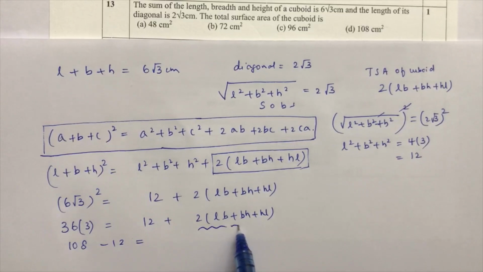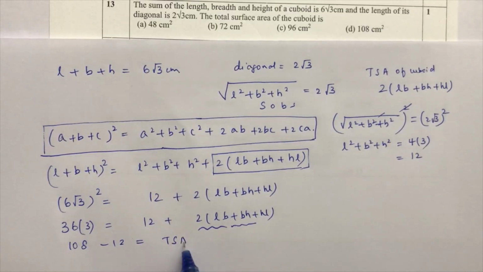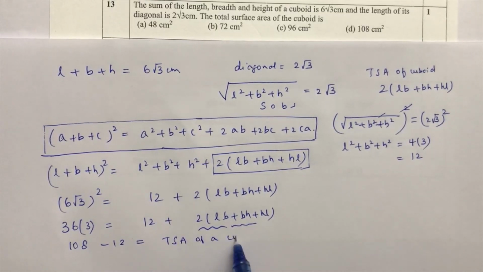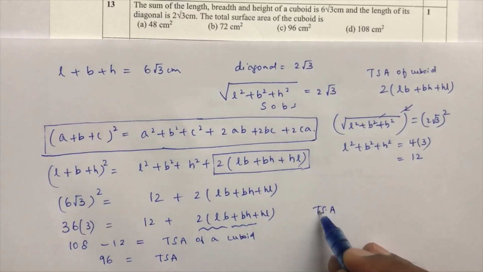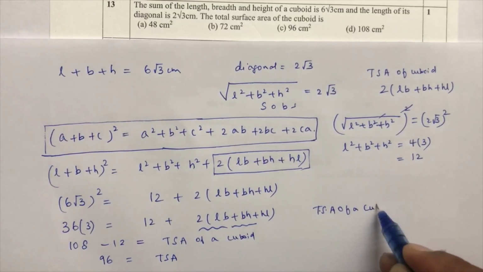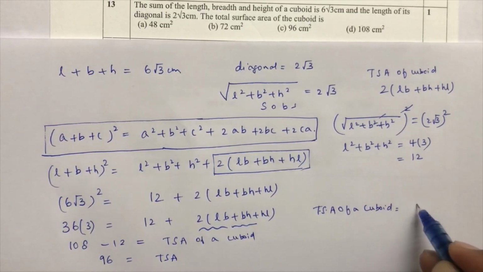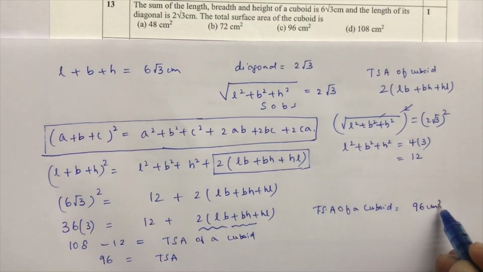For this I'll write TSA of a cuboid. So 108 minus 12 is 96. So 96 is the total surface area. So the total surface area of the cuboid is 96 centimeter square.